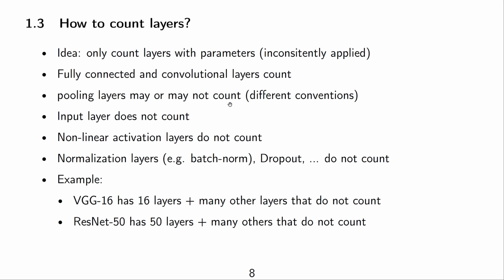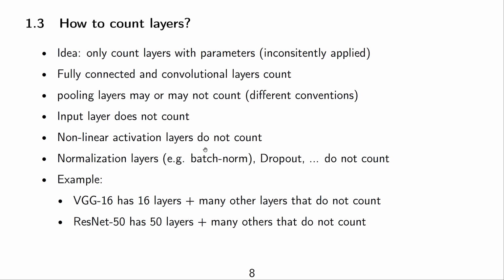Pooling layers may or may not count. Generally, they don't count. Some rare people count them. The input layer itself also does not count because there's no computation going on. The input layer just describes the data.